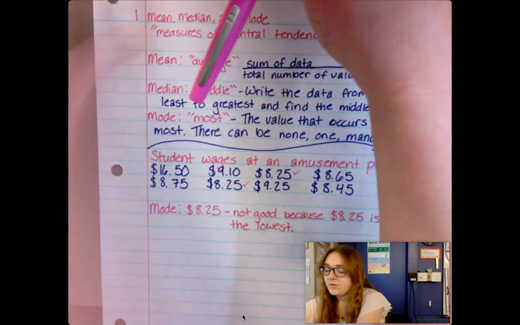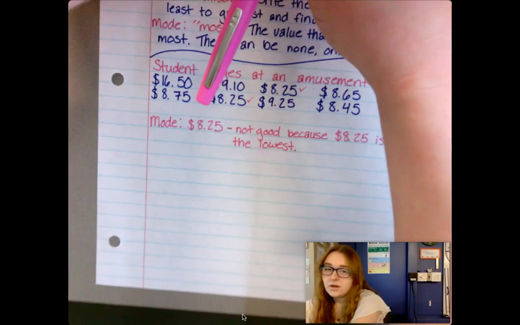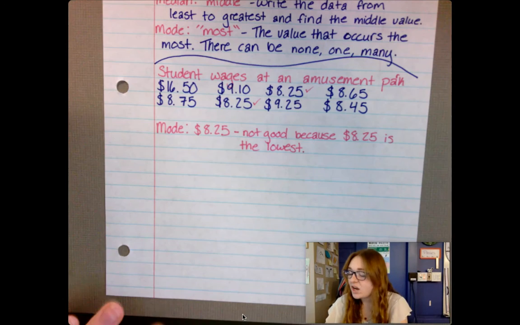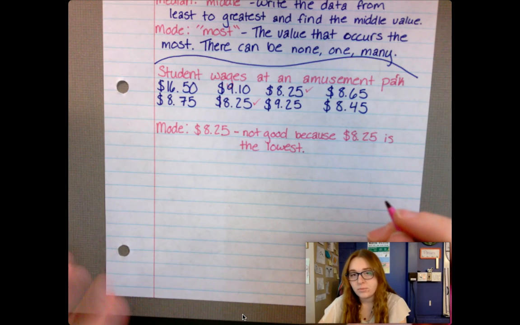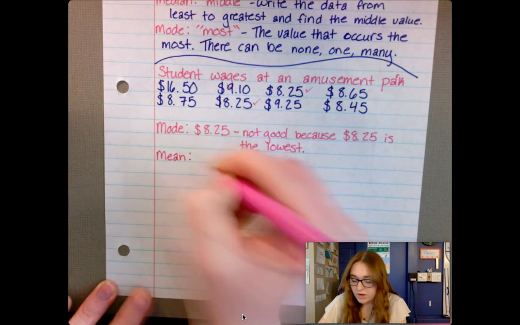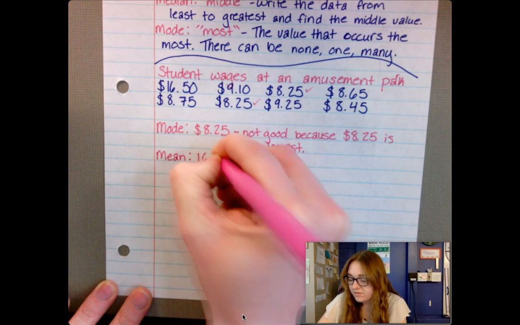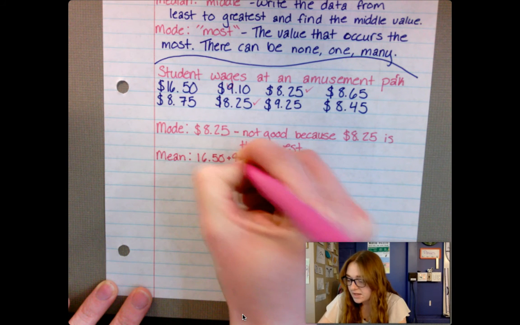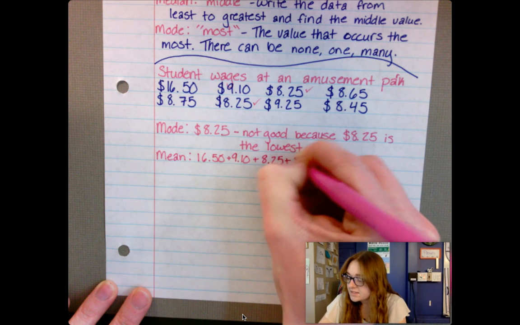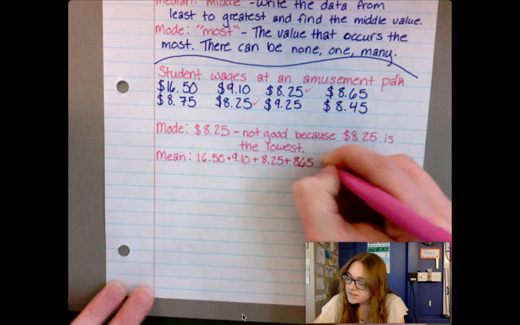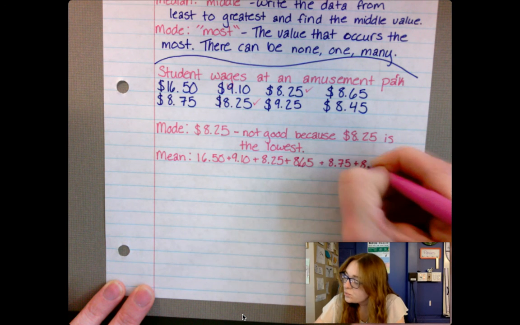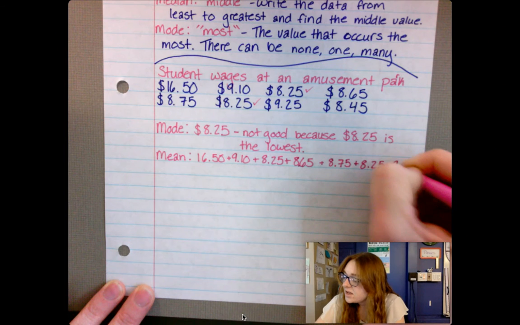Next, let me scoot up my paper first. Next, we are going to find the mean. So we are going to add up all of these values and divide by the total number of values. So to find our mean, we are going to add up 1650 plus 910 plus 825 plus 865 plus 875 plus 825 plus 925.